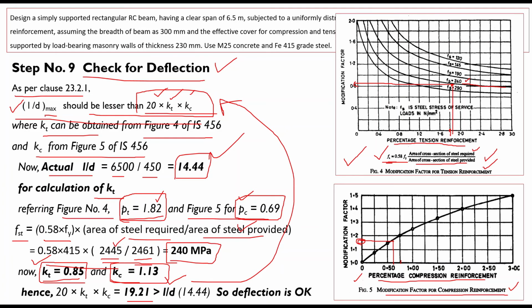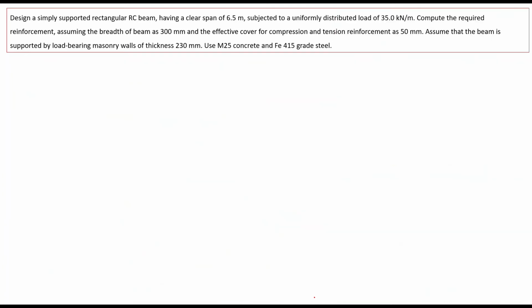Here L by D maximum should be lesser than this value, and in our case the L by D which we have provided is 14.44. So it is lesser than the permissible value 19.21. So we can assure that the deflection check is okay. So step number 9 is over, and we have applied the check for deflection.